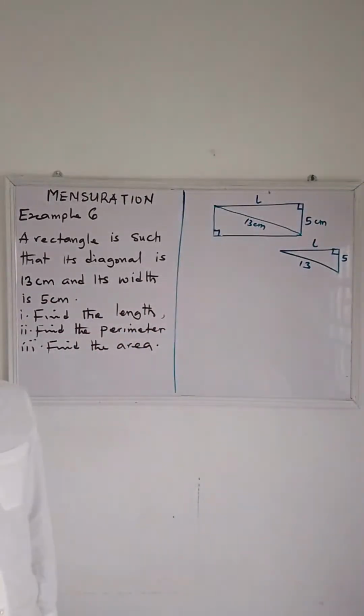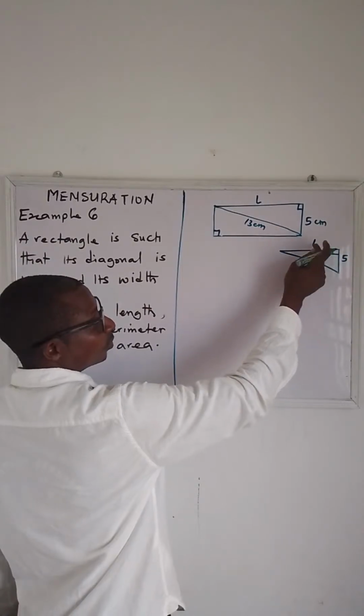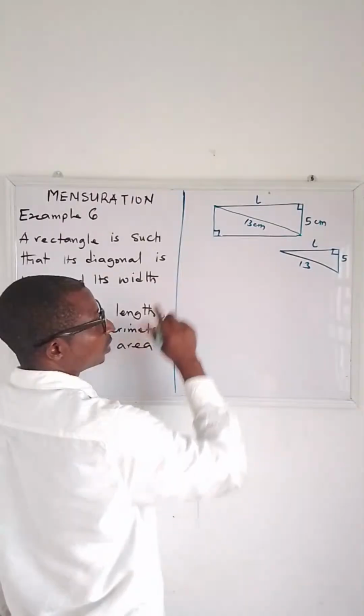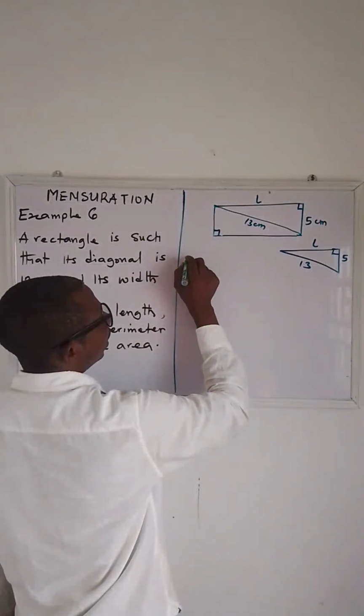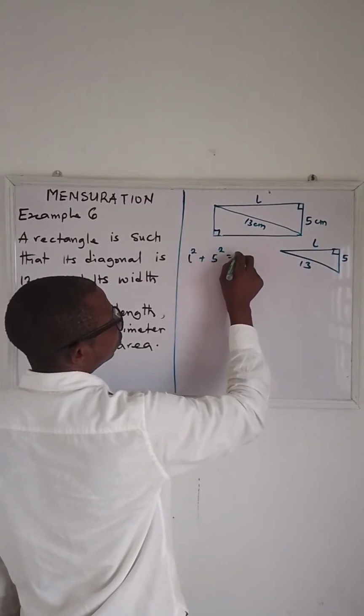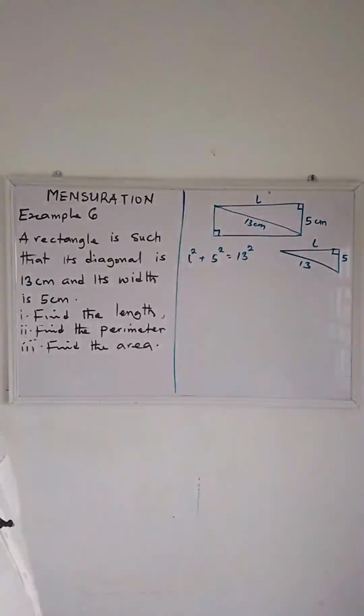So you are going to be making use of Pythagoras theorem. Now you have the squares of the two sides equals to the square of the hypotenuse. So you have L square plus 5 square equals to 13 square. All right.